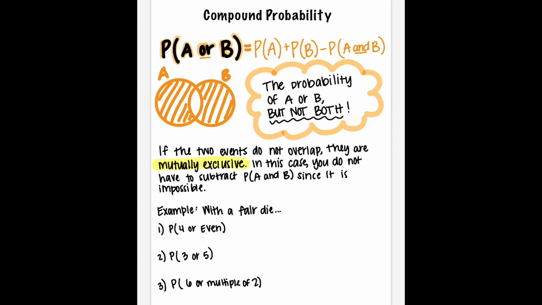So with a fair die, for example 1, what's the probability of rolling a 4 or an even number? Well, the probability of rolling a 4 plus the probability of rolling an even minus the probability of rolling a 4 and an even number.